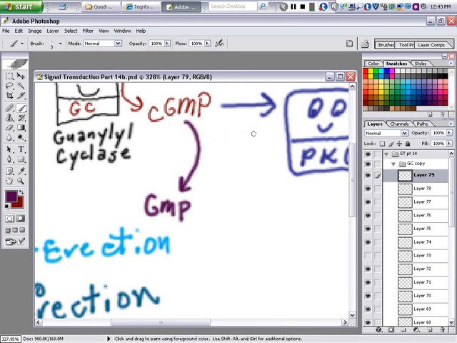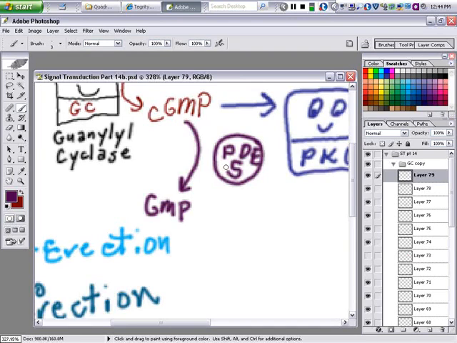What was the name of the enzyme that converted cyclic AMP into AMP? Phosphodiesterase. Excellent. And the name of this enzyme is phosphodiesterase, but a different type. It's phosphodiesterase 5. To prevent a sustained relaxation of those blood vessels, phosphodiesterase 5 breaks the cyclic GMP down into GMP.